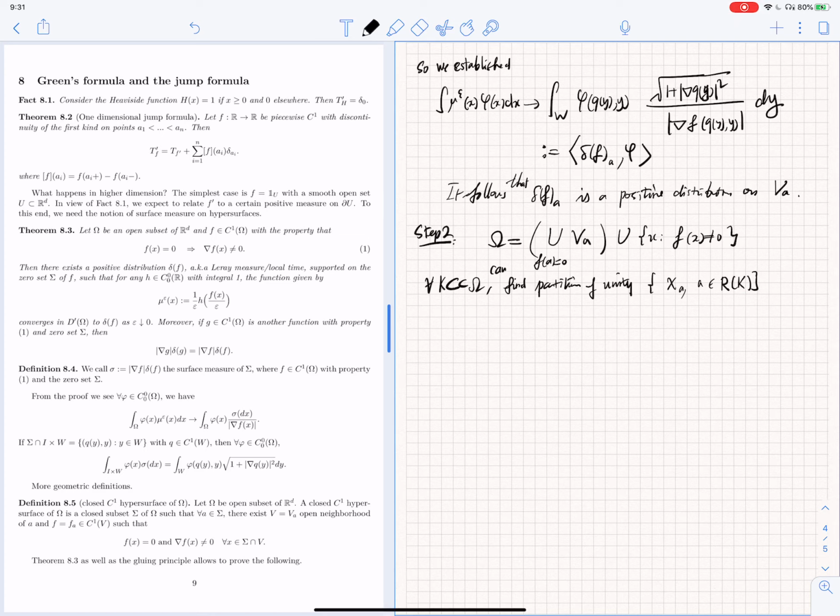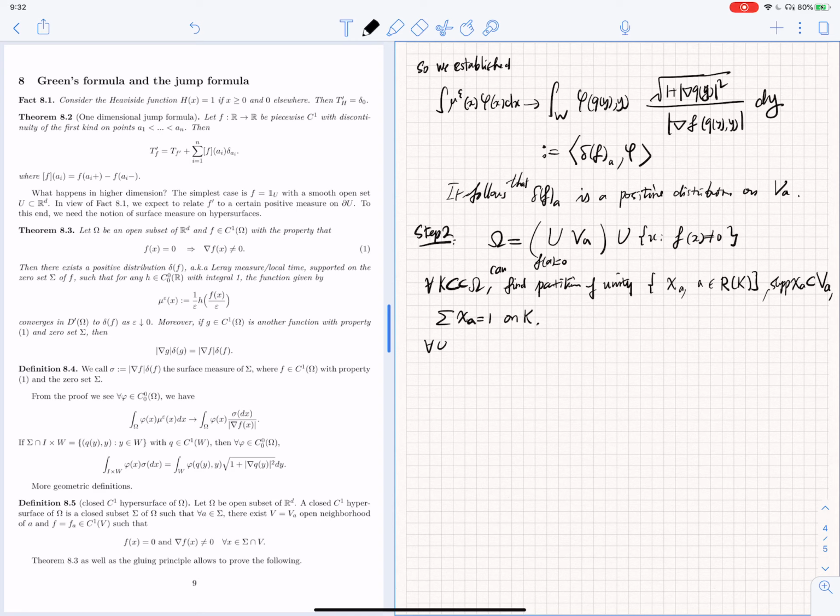We have made use of this kind of argument before. The support of each of these will be included in V_A as needed in here. So we only need finitely many of them to cover this set K. And also we have the sum of chi_A equal to 1 on the support.